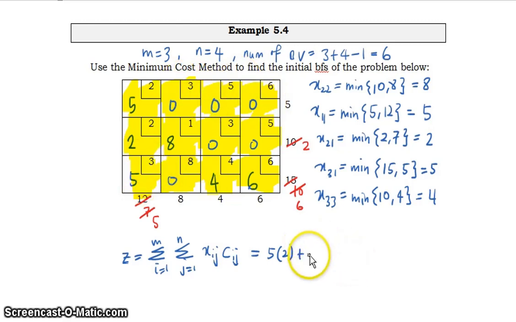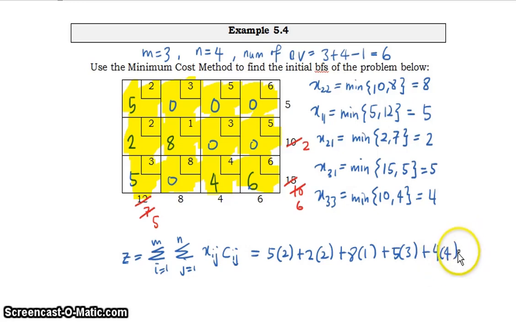Then we have X21 is 2 and the cost is 2, plus 8 times 1, plus 5 times 3, plus 4 times 4, and 6 times 6. We get Z equals 89.